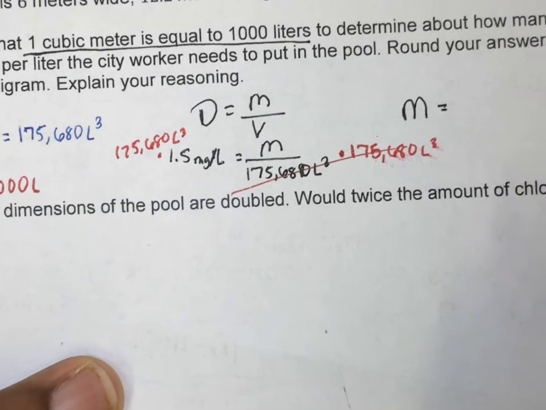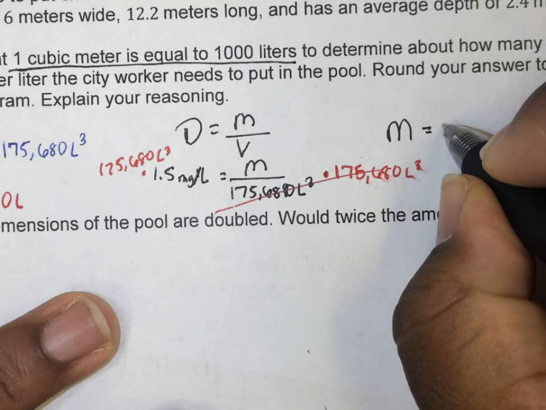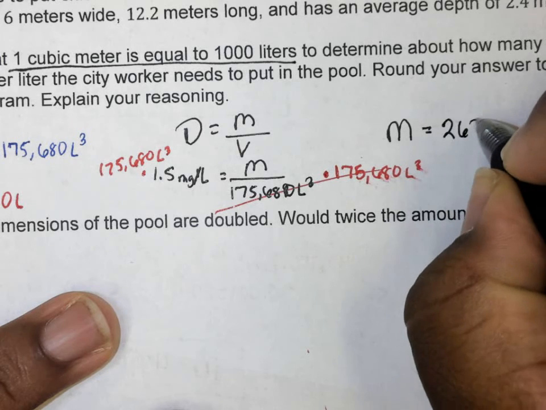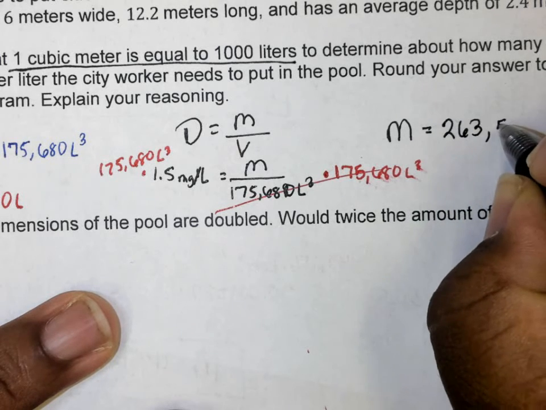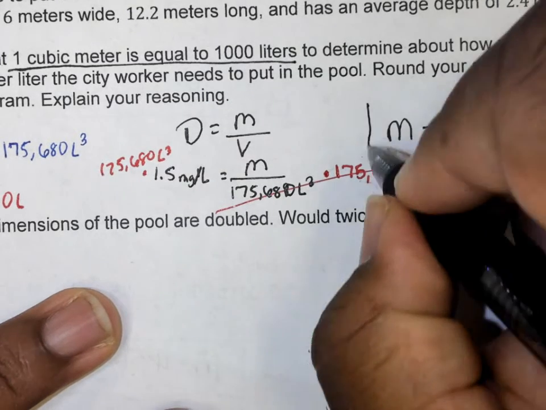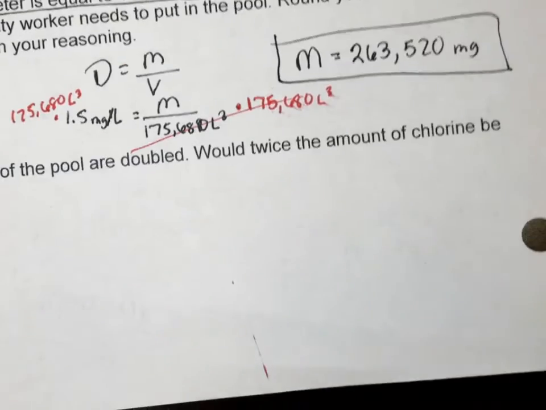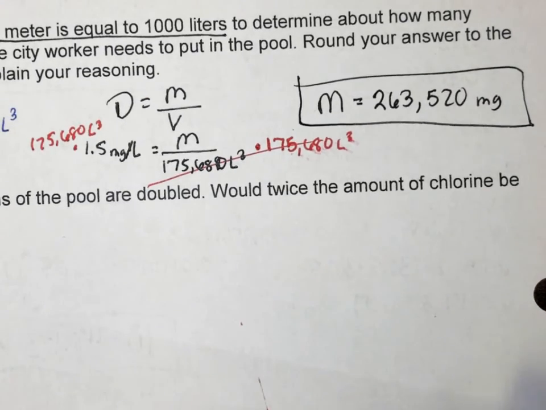Number 6, Reese, what did you get? 263,520. Thank you. This is going to be milligrams. So that is the mass of the chlorine in the pool.